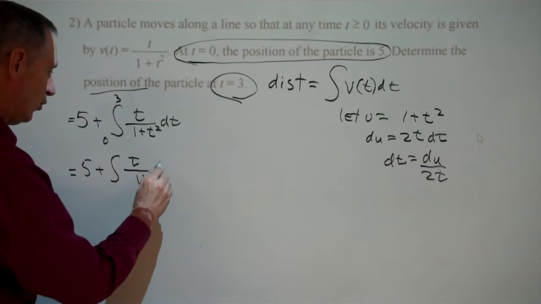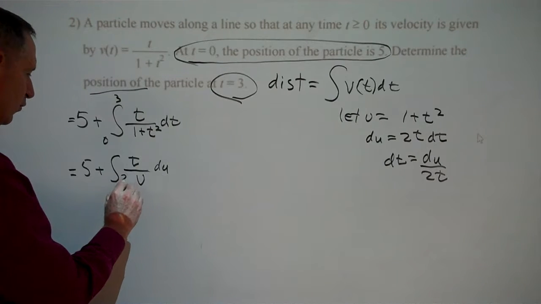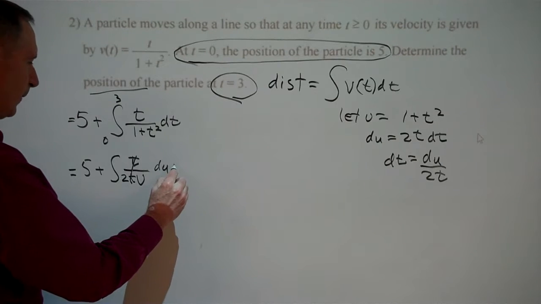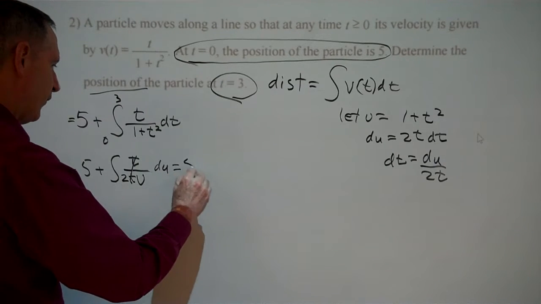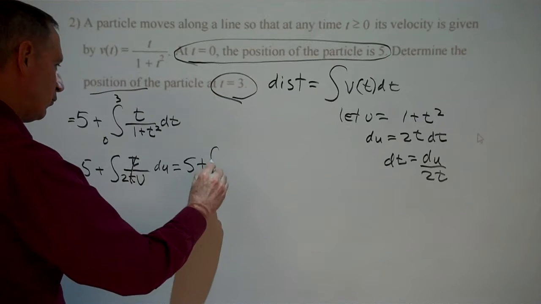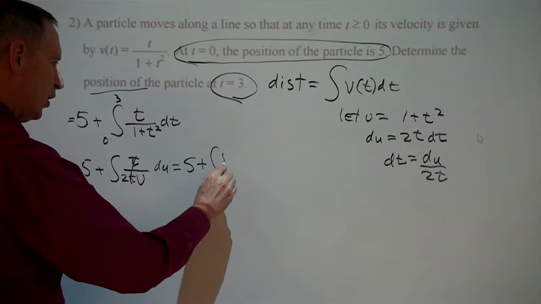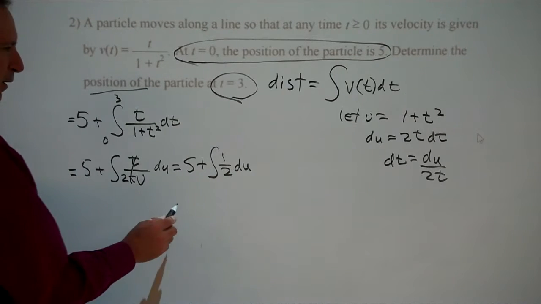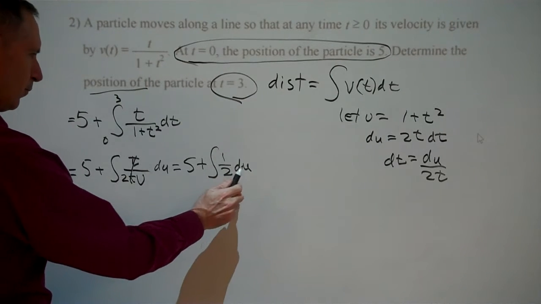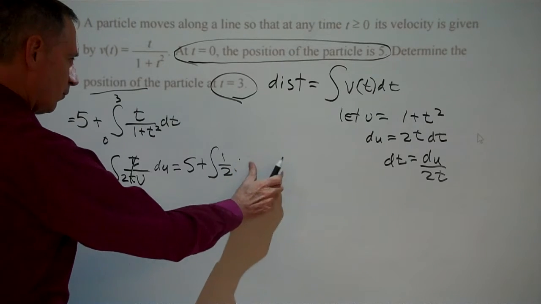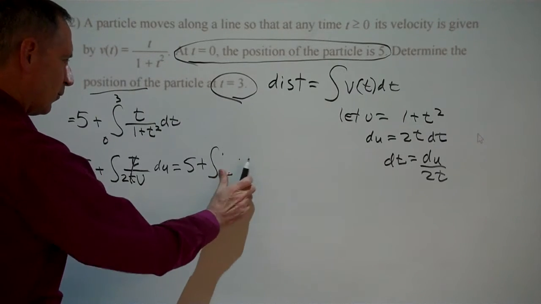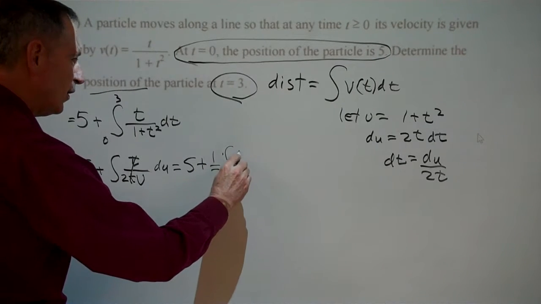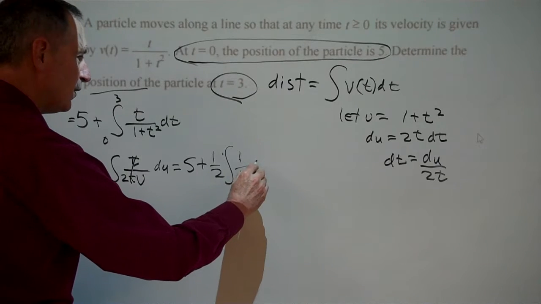Then t over t will cancel here, and so we're left with 5 plus 1/2 integral of 1 over u du.